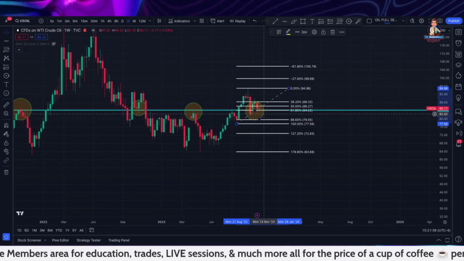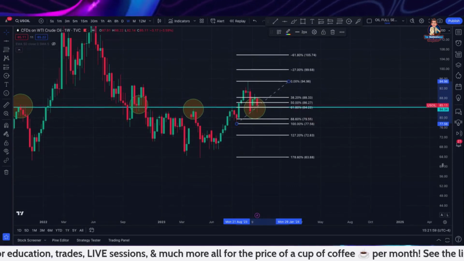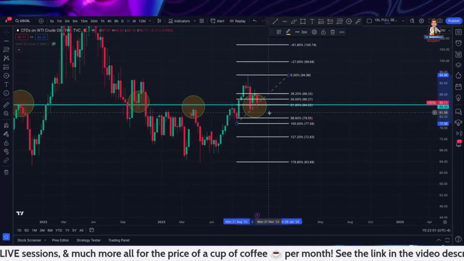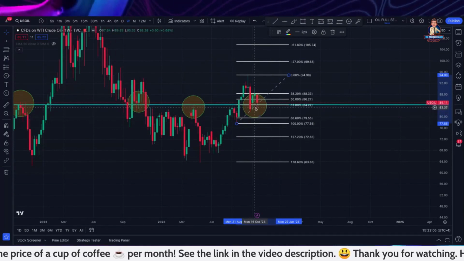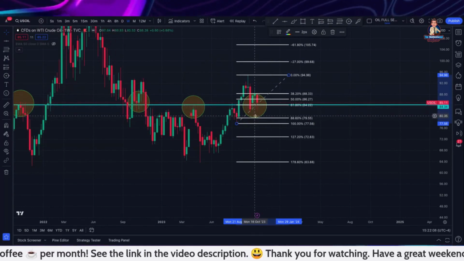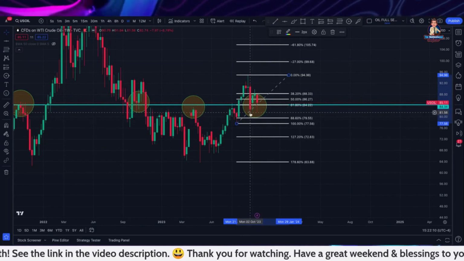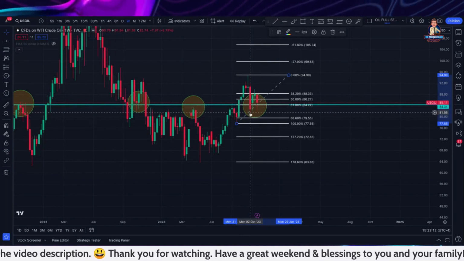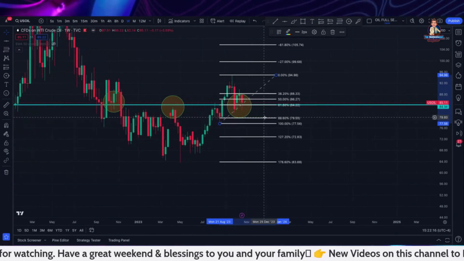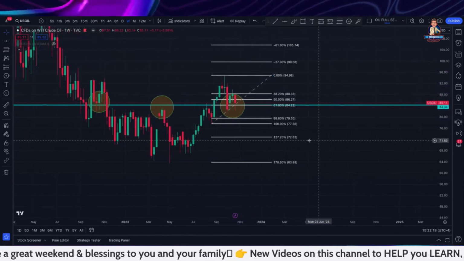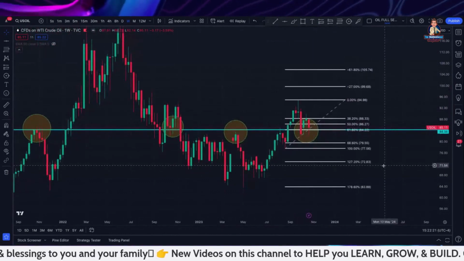Just keep in mind that this is a strong area that has shown where price does not want to close below it over the last 3 weeks. Even 4 weeks ago, we came down to about 81, but then we rejected, closed up, and went higher from there. Something to consider in this area as we move forward.